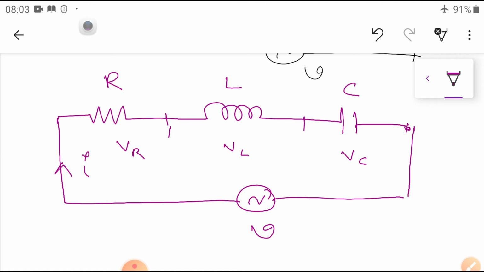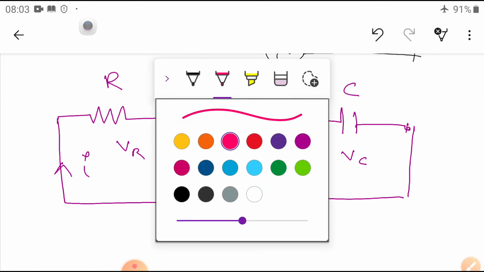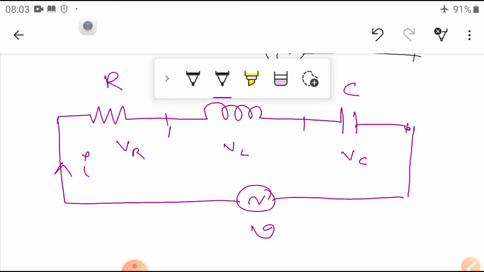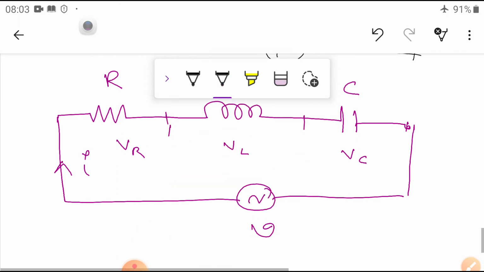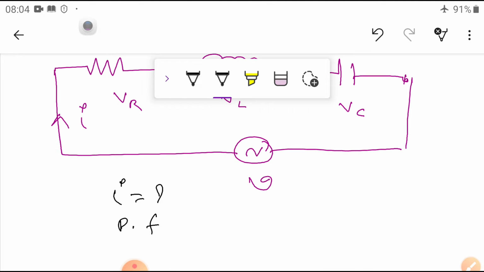Now I want to know the current, and the power factor, by a similar procedure.